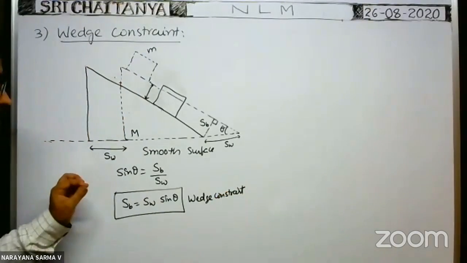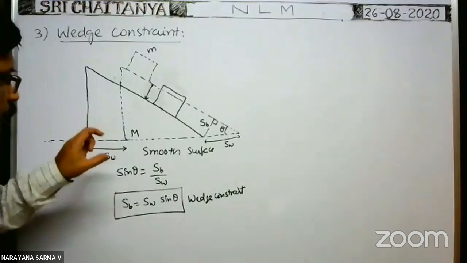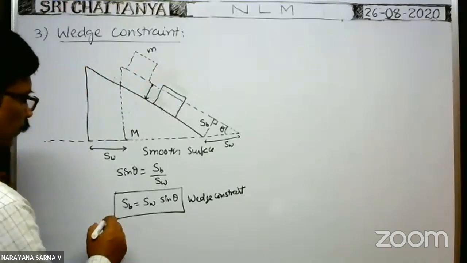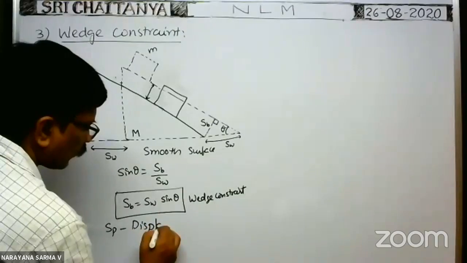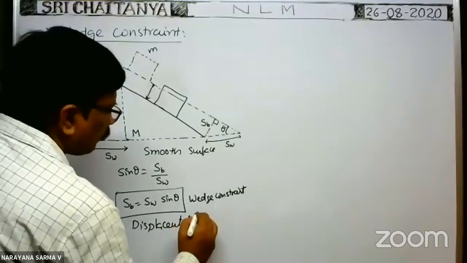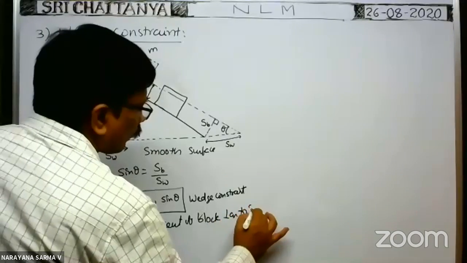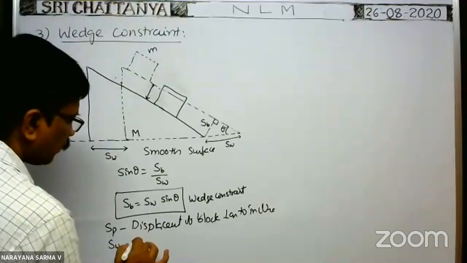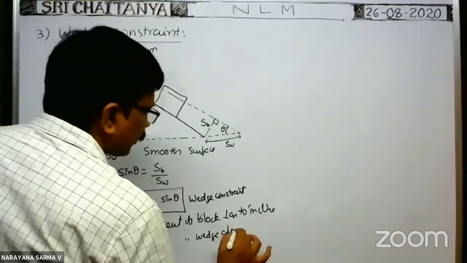So you have to see that this SB is the displacement of the block perpendicular to the inclined plane. That is very, very important. SB is the displacement of the block perpendicular to the incline, and SW is the displacement of the wedge along the horizontal direction.